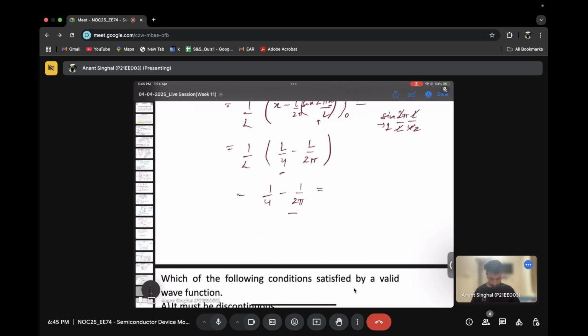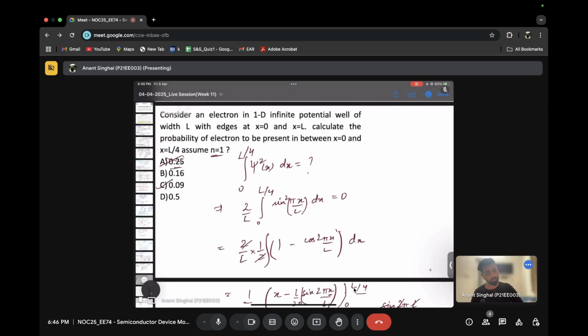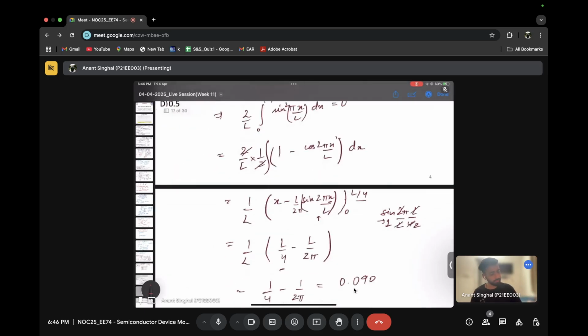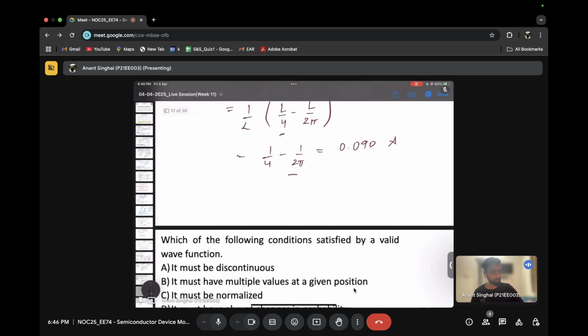So 0.090, there is an option. Yeah, so there is an option. So option C is the correct answer. I hope the calculation is correct. I don't know, it will be something like this only. So 0.09 is the answer.